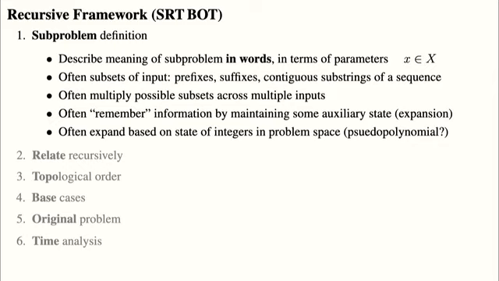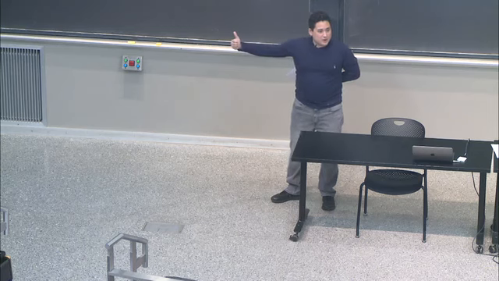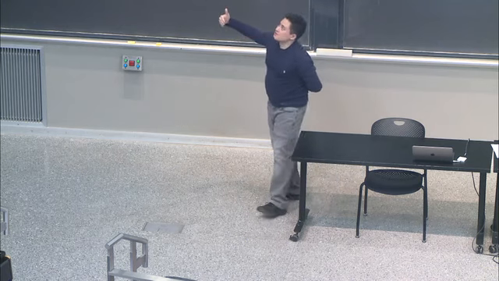Aside from dealing with subsequences of sequences, in particular contiguous ones, we also often multiply our subproblems across multiple inputs. If we have multiple sequences, we might take indices in each one of them to represent prefixes or suffixes.